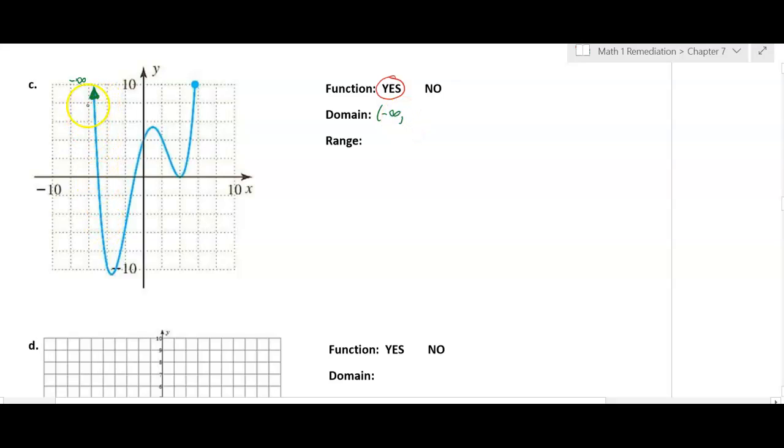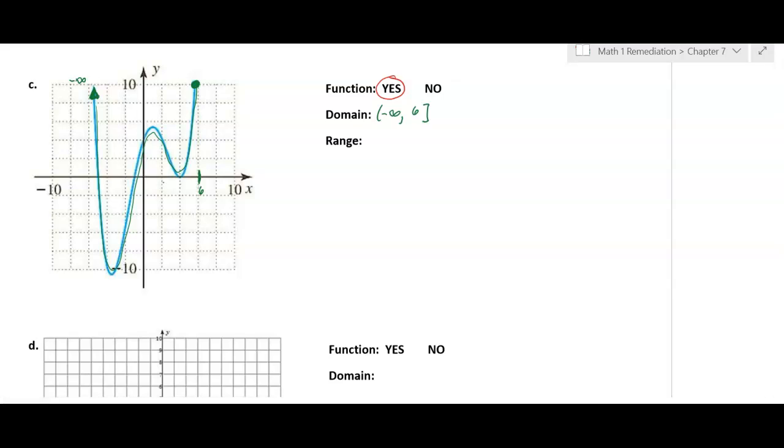And if we follow this graph all the way down to the right, what x value does it stop at? These are in 2s, so it would be 2, 4, 6. So it goes from -infinity and stops at 6. And since it's a closed dot, it's a square bracket.